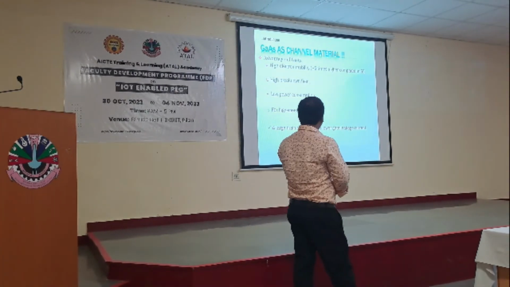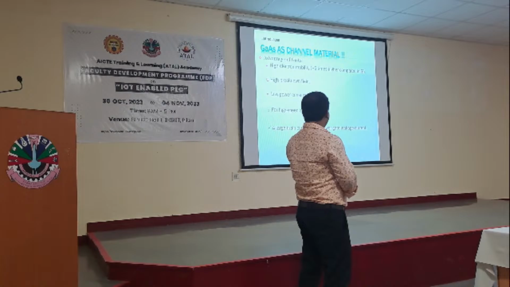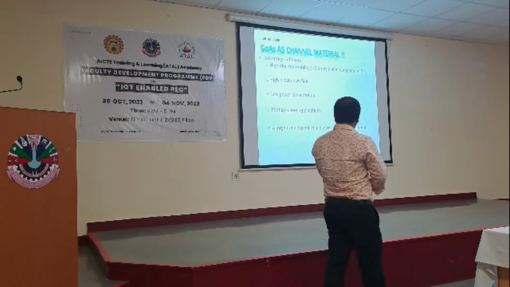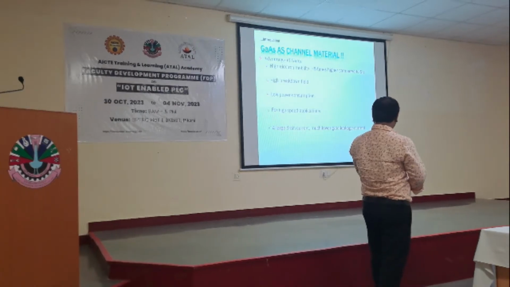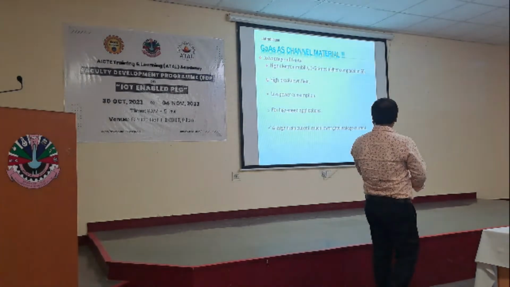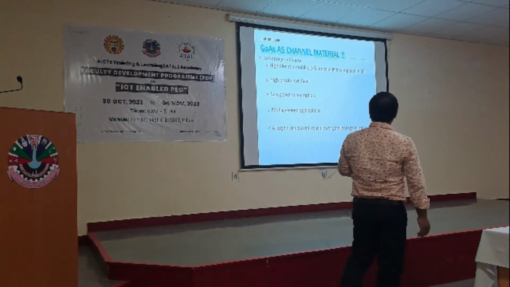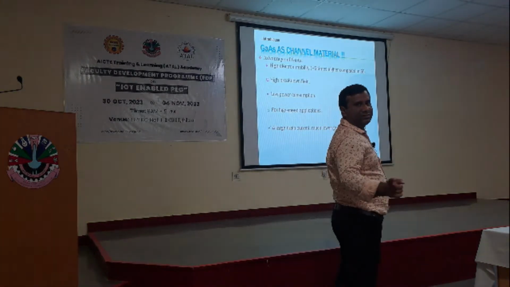In the case of gallium arsenide, the electron mobility is 8500 centimeter square per volt second, and in the case of silicon it is 1800. It also exhibits high breakdown field, low power consumption and high speed, which is why it also facilitates application in high frequency devices. These features favor gallium arsenide for application as a channel material. Next.